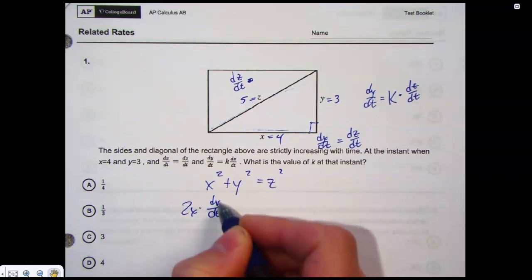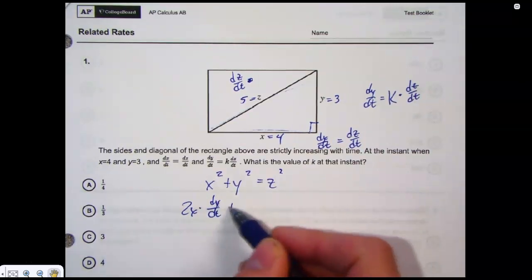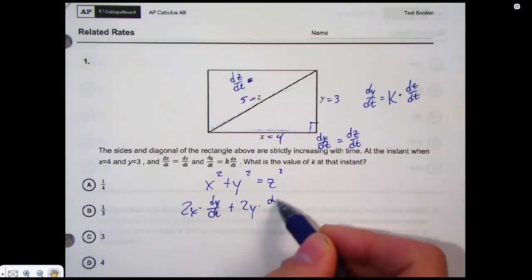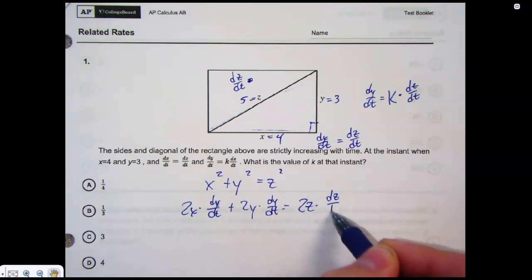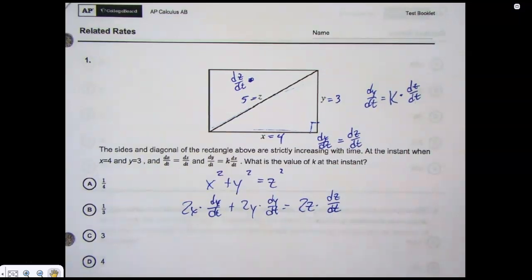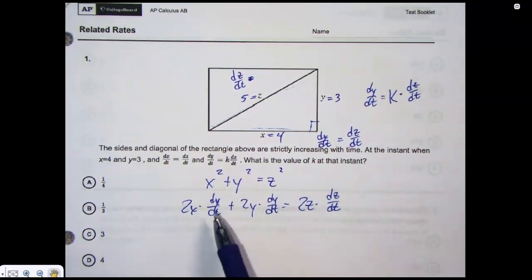Take the derivative. So 2x times dx/dt plus 2y times dy/dt equals 2z times dz/dt. And I'm going to plug in what I know. What are the two variables we're going to have in here at the end, because I know x, I know y, I know z.